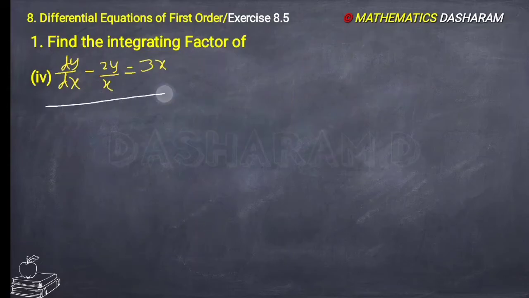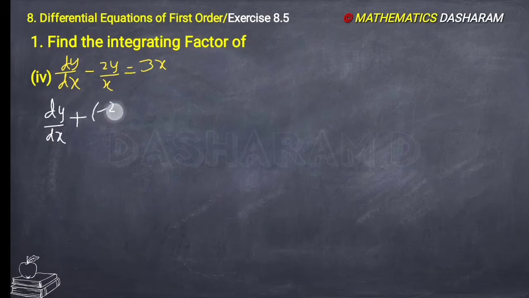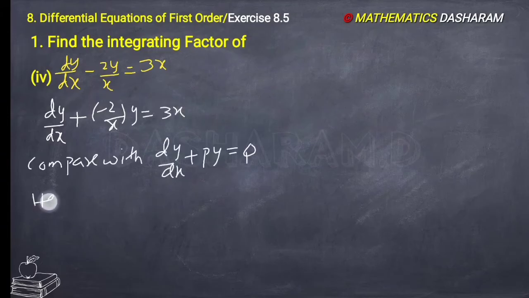Fourth question, dy/dx - 2y/x = 3x. So dy/dx + (-2/x) y = 3x. Now compare with the standard form. Here the P value is -2/x and the Q value is 3x.